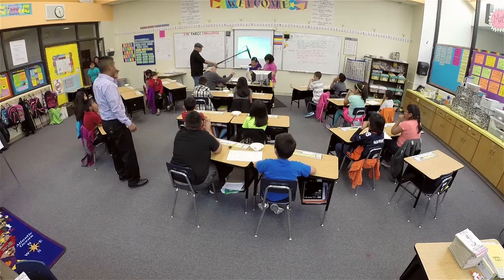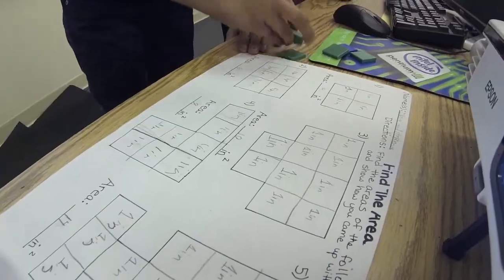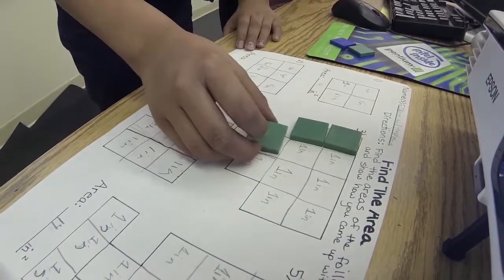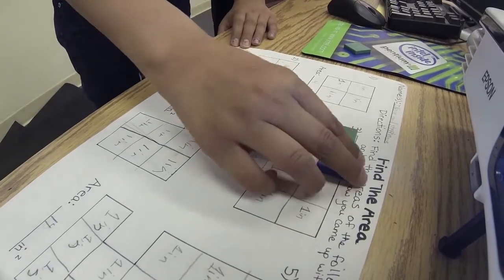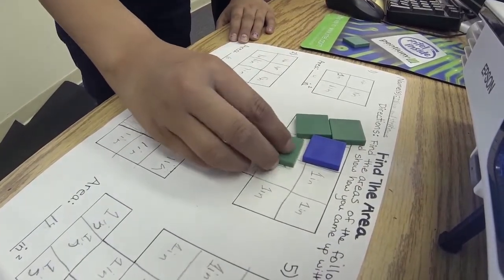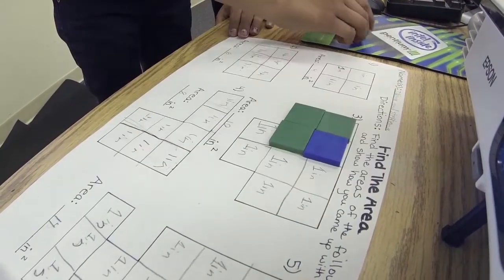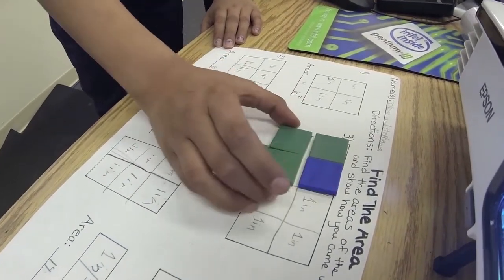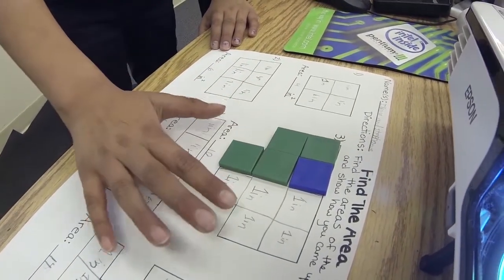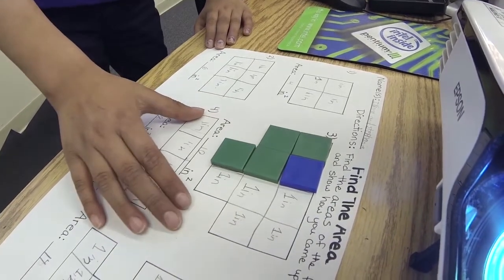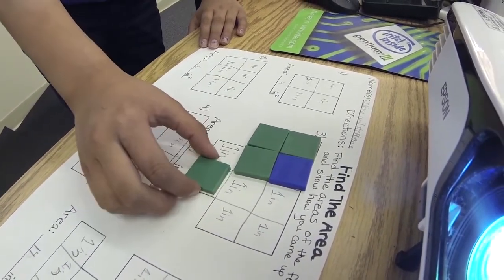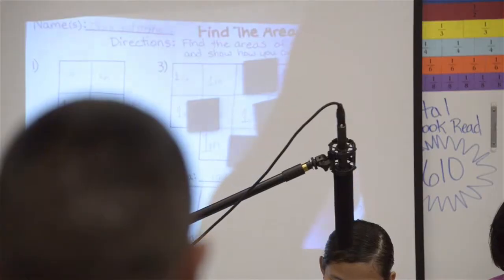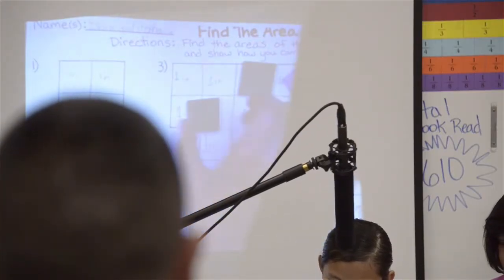When we were doing number 3, we put the square, we put 5 tiles on one half of number 3, and then we noticed they were the same.